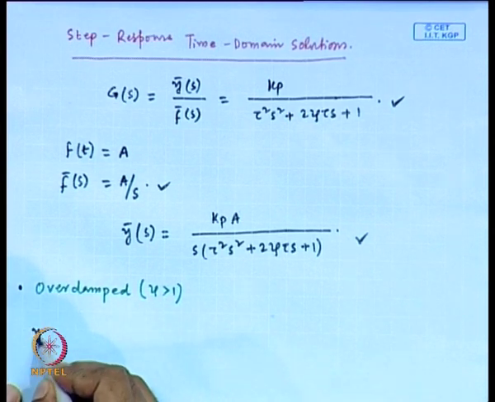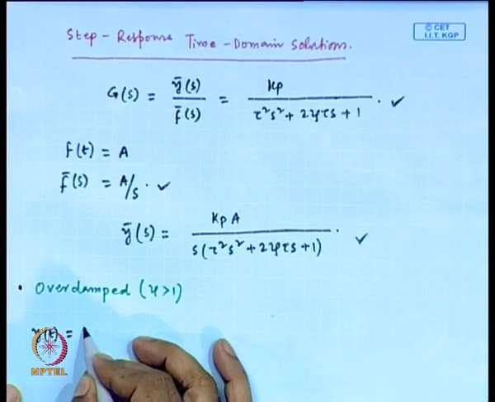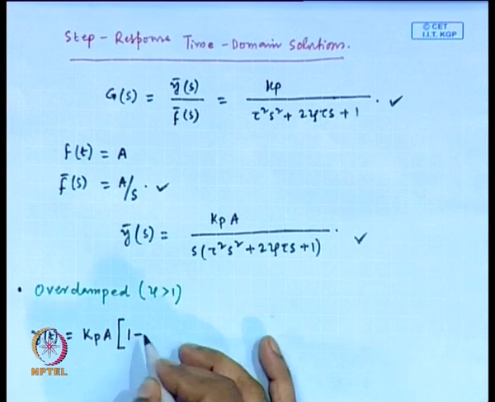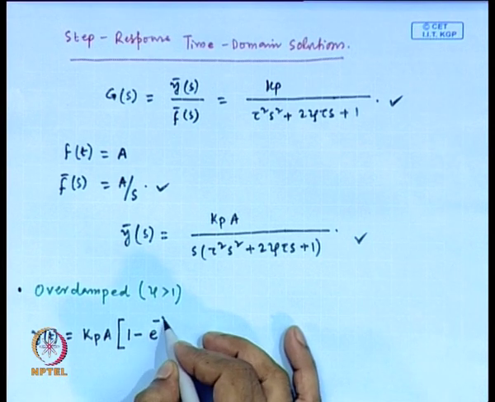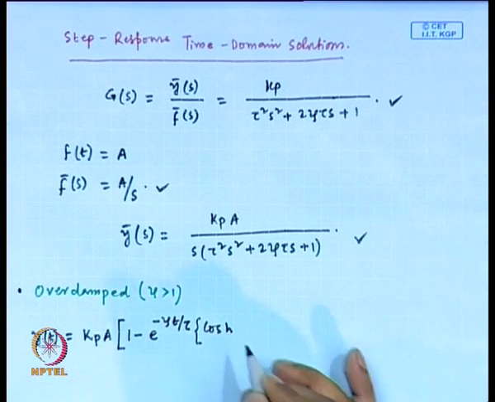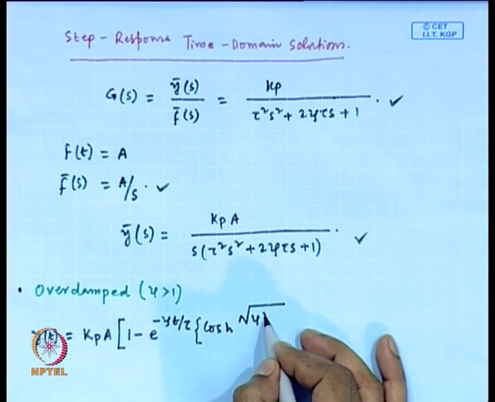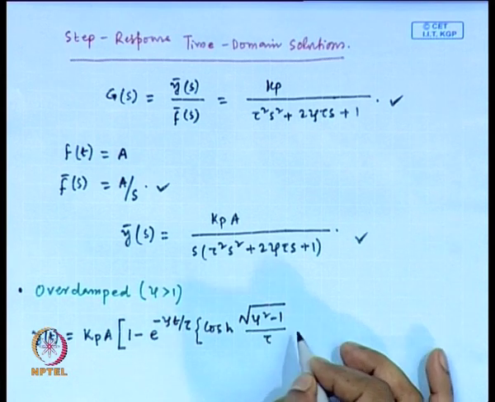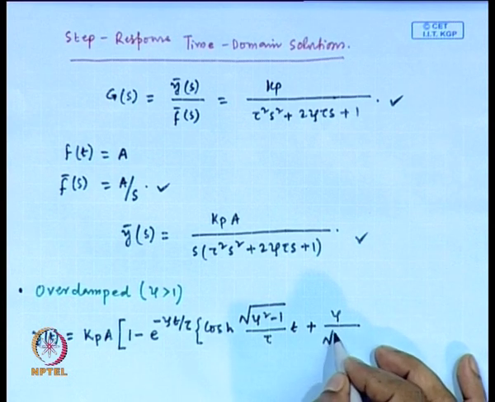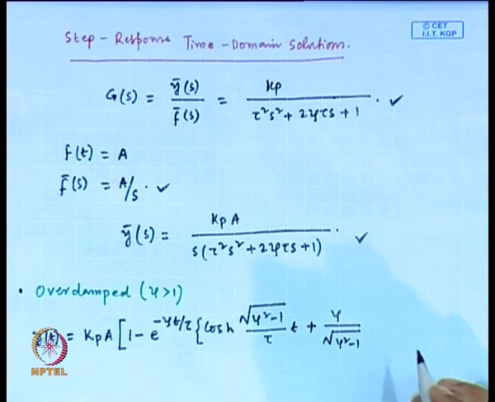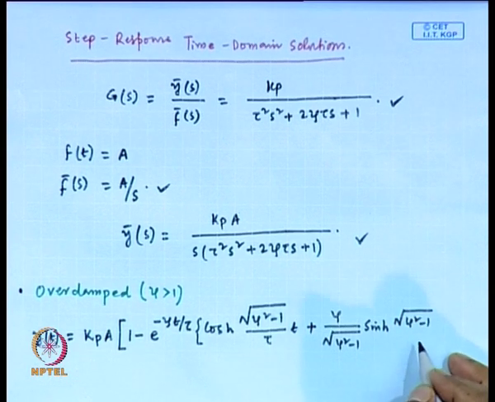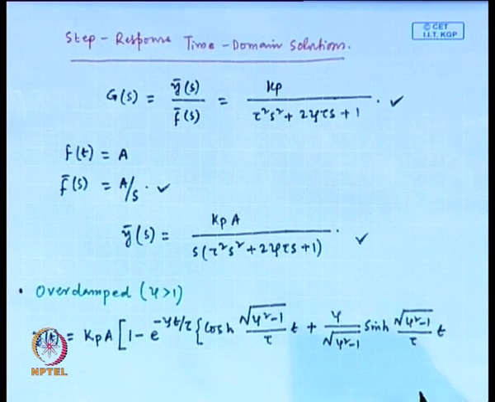And the expression is y t equals k p a multiplied by 1 minus exponential minus zeta t divided by tau, cos hyperbolic root over zeta square minus 1 divided by tau into t plus zeta divided by root over of zeta square minus 1 sin hyperbolic root over zeta square minus 1 divided by tau into t.